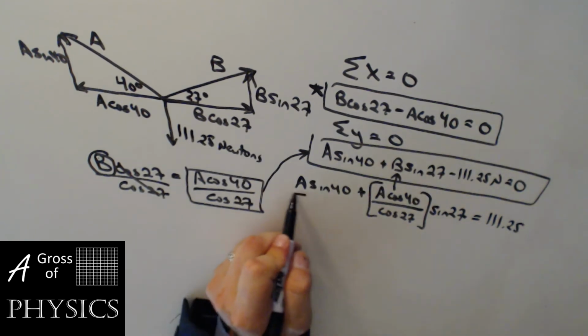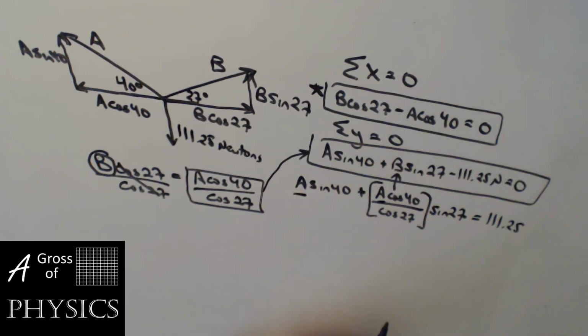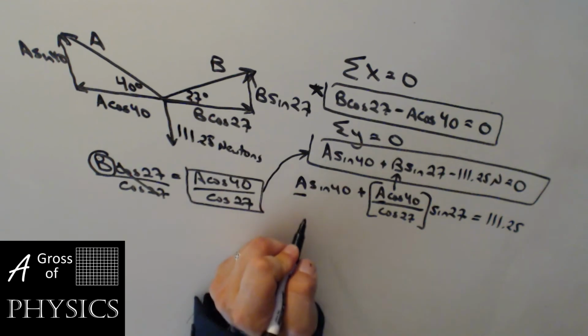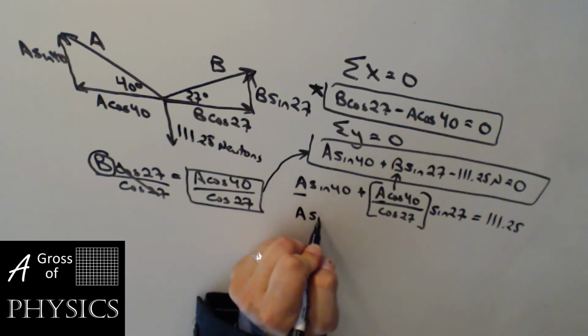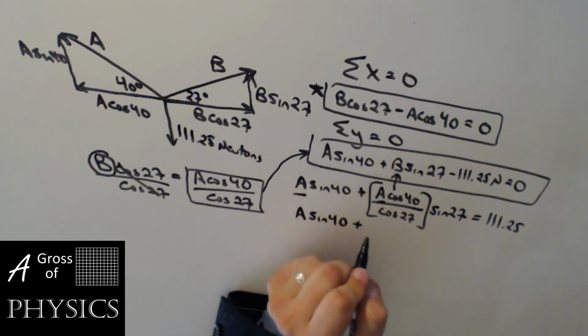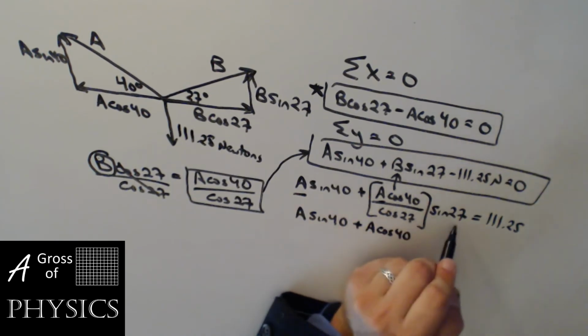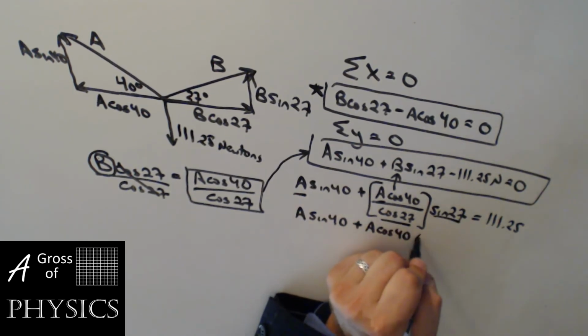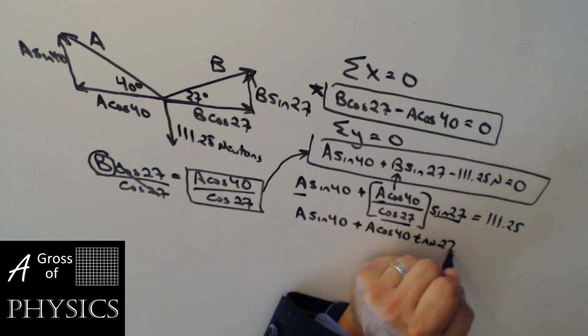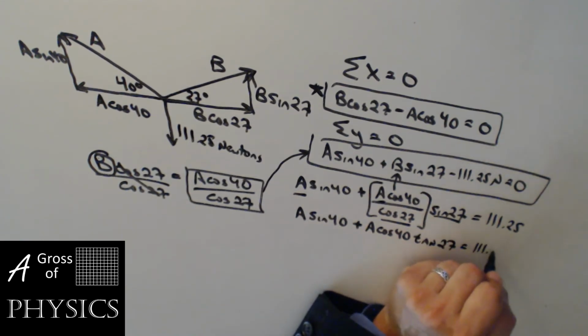Well, if we look, A is now our only unknown. And this becomes slightly difficult in terms of the algebra. However, we have A sine 40 plus A cosine 40, and remember, sine over cosine is tangent, so tangent 27 equals 111.25.